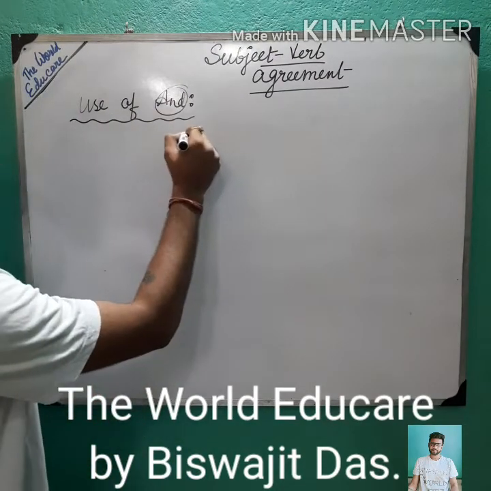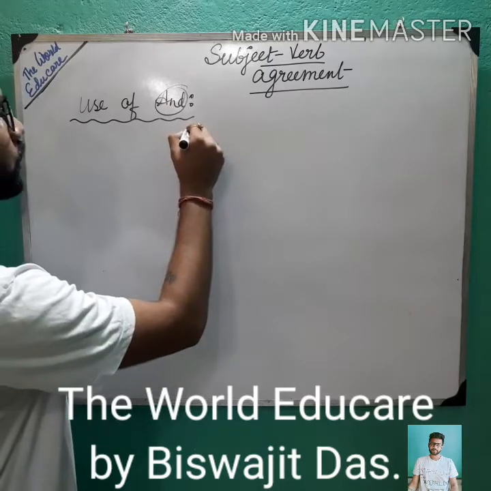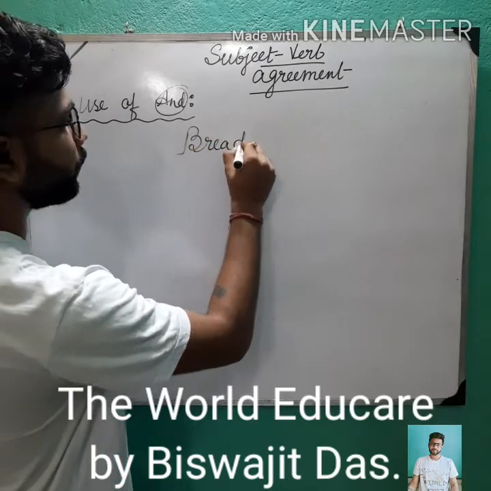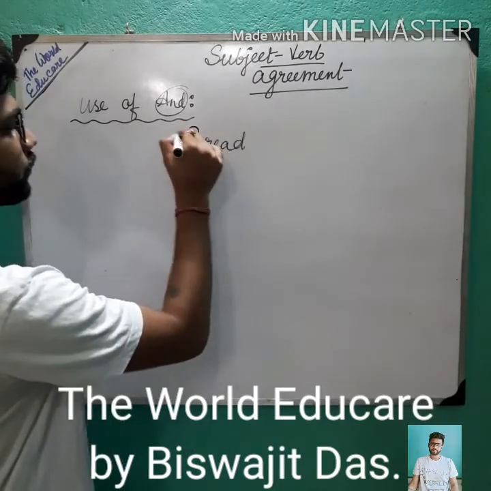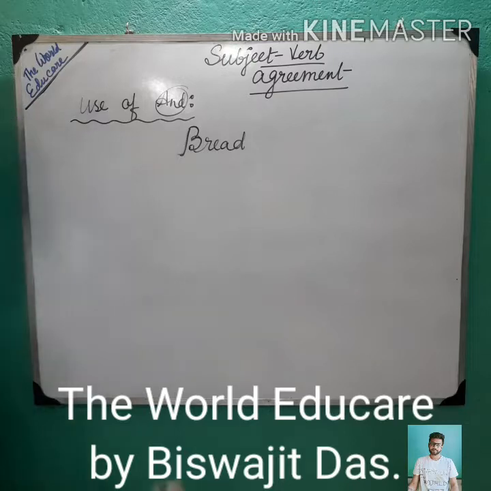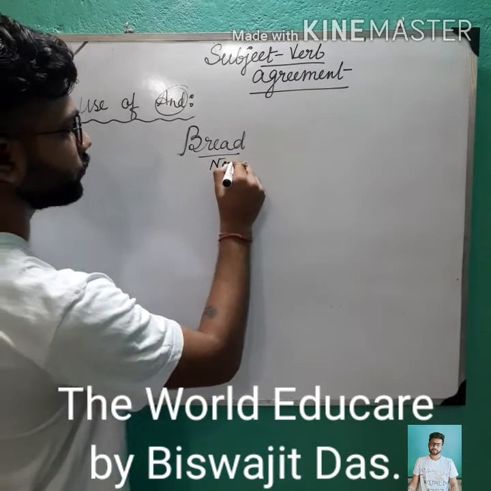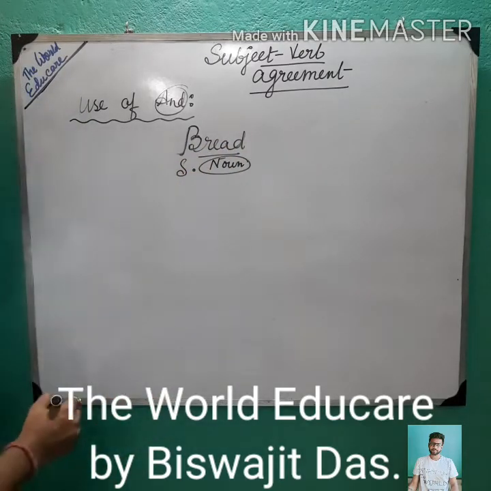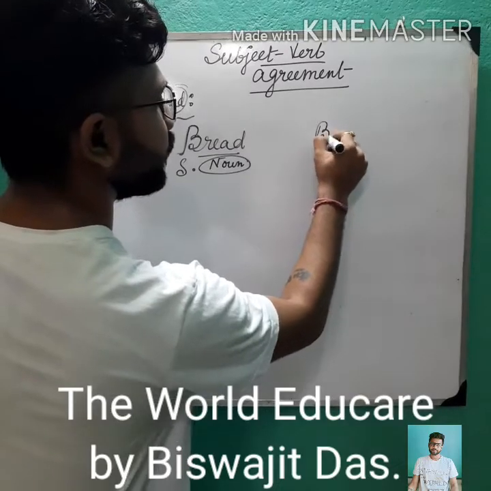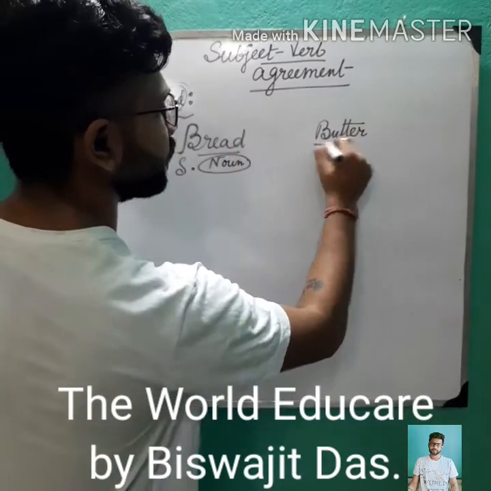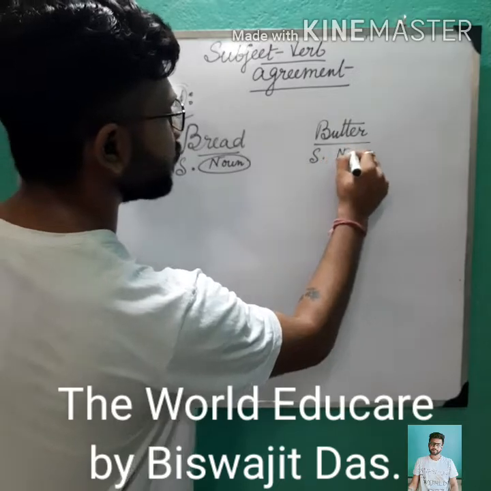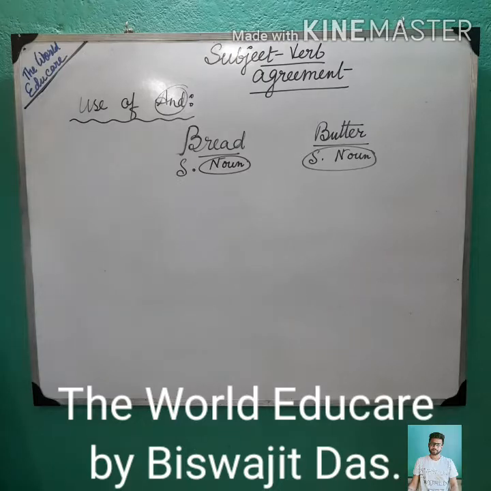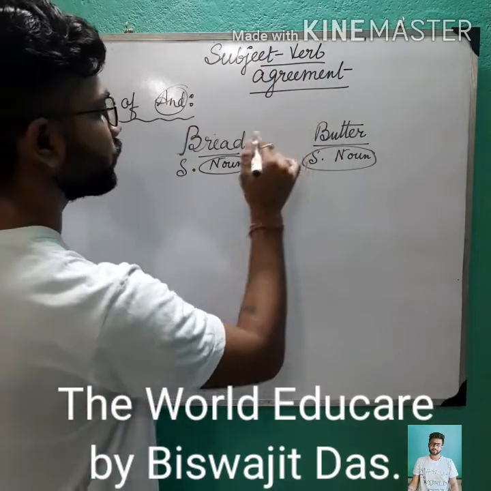Suppose I am giving you an example. I am writing two words. Bread, it's a noun, and it's a singular noun, if I am not wrong. And I am writing here butter, which is also a singular noun. And I will join these two words with "and".